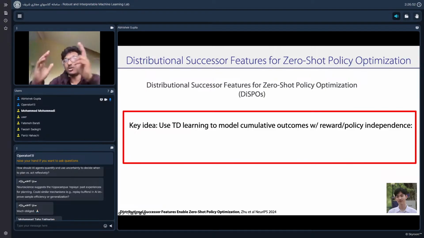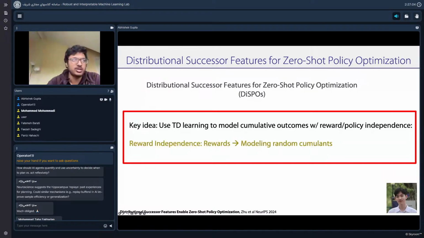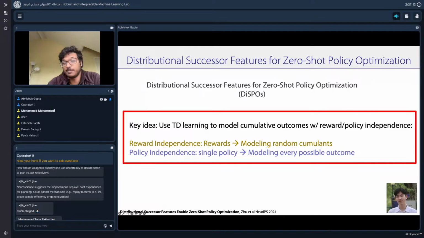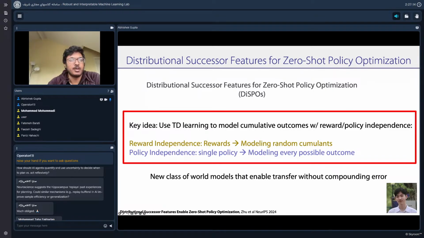And if you can do that, then you can solve new tasks. You can think of it as taking the ideas from Q learning, but changing how you depend on rewards and how you depend on policies. So there are two sections we're going to talk about. The first is how do we get things that are independent of reward, and the second is how do we get things that are independent of policy. Okay.